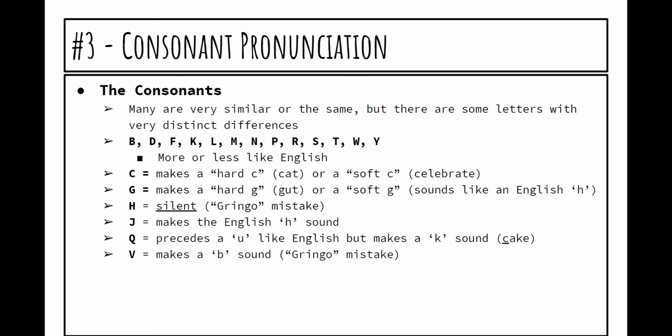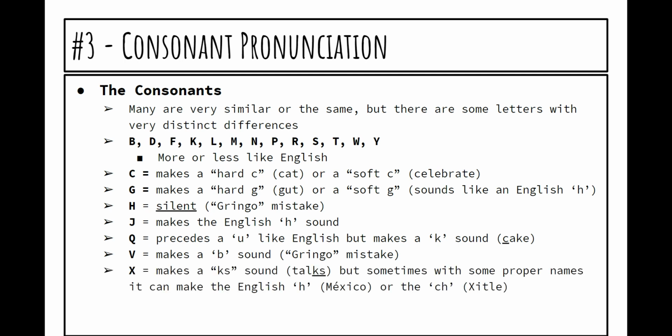Our English V, the Spanish ve, sometimes called be corta, they have two of them because the English V just makes a B sound. They don't have a V sound in Spanish really. Their V's are going to be turned to B sounds, so instead of venir, it's benir. Again, that's something that's going to really help how you sound, if you make sure to make your V's make B sounds.